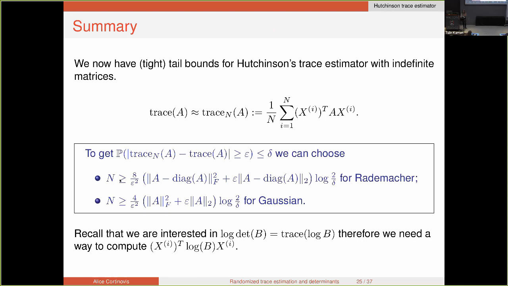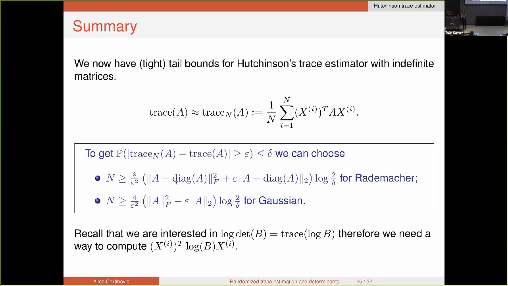So this is a summary of the first part. What I presented were tail bounds for the Hutchinson trace estimator, which is this one. Let's focus on indefinite matrices. This is the number of samples we need for Rademacher vectors, and this is the number of samples we need for Gaussian vectors.